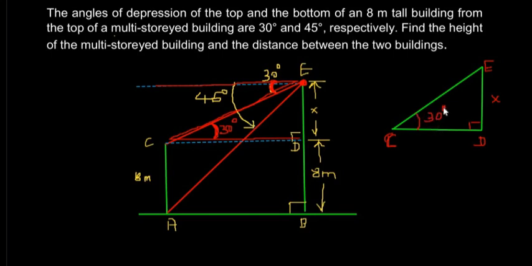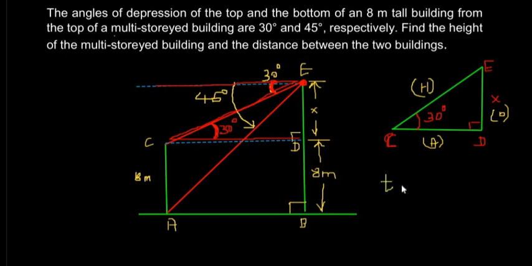Now using the trigonometric ratios, SOHCAHTOA, we are going to mark the opposite, hypotenuse and adjacent. Here CE is the hypotenuse, x is the opposite, and CD is the adjacent. Now we have to find the adjacent, and we do not have the hypotenuse with us, so we are going to drop it and take the tan.